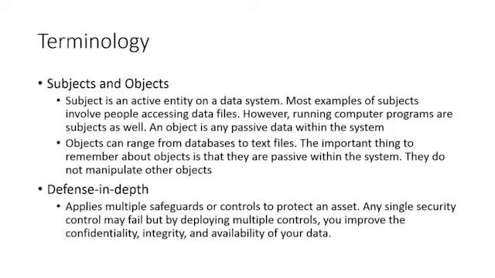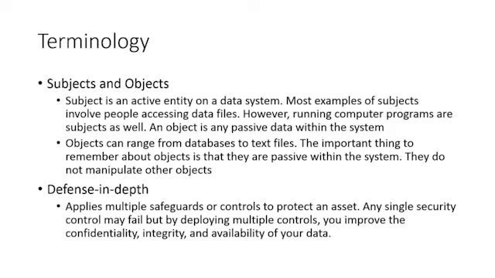Instead of just me sitting at the computer and accessing data, computer programs can go get data as well, call data and manipulate that data. So an object is any passive data inside the system. Objects can range from databases to text files to audio, video, whatever it is that we want in there. They're passive within a system and they don't manipulate other objects. That's a subject. So subjects interact with the objects.